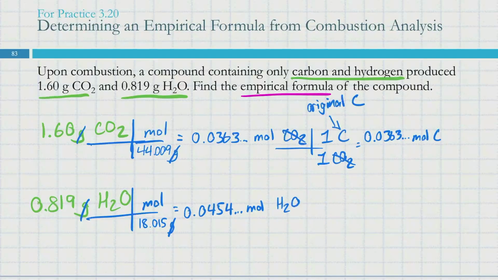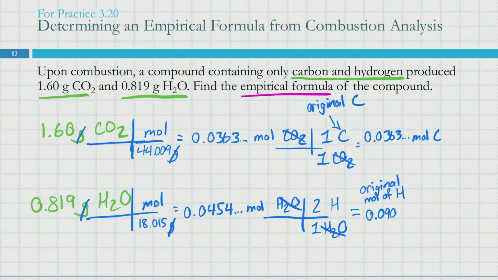How many hydrogens do we have in water? 2. We've got 2 H's for every one H2O. And so this is going to tell us how much hydrogen we started with before we burned the thing, assuming that we caught everything. So we multiply by 2, 0.0909 and some change moles of hydrogen.